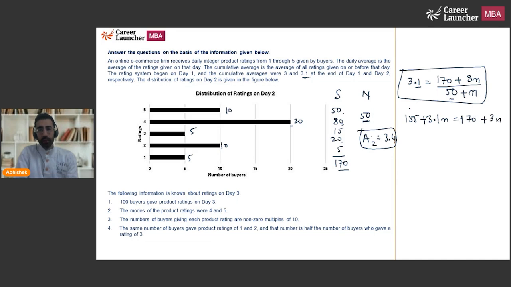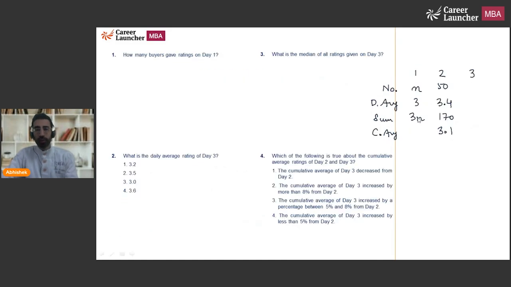So 3.1n minus 3n is 0.1n, and that comes out to be 15, and therefore n is going to be, multiplied by 10, 150. Number of people who have rated someone on day 1 is 150. So that will help you, and the sum will be 450.